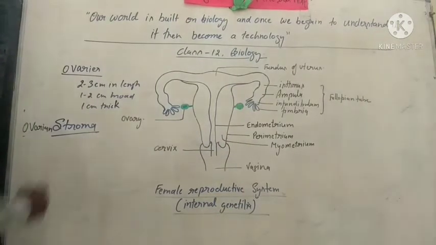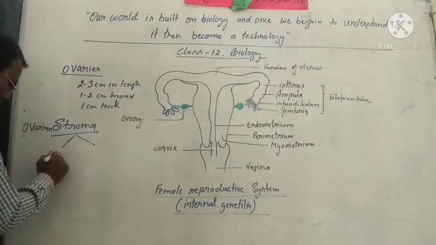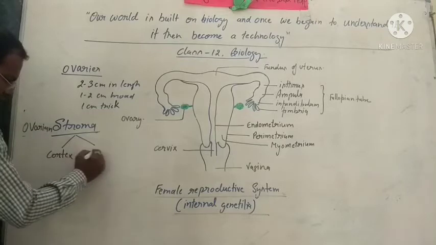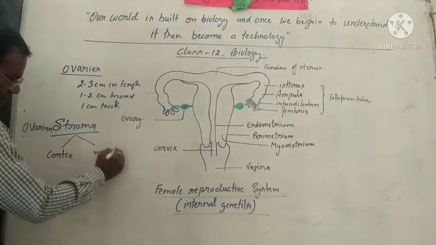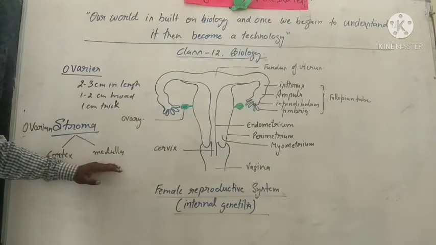This ovarian stroma is divided into two parts: one is the cortex and the second is the medulla.